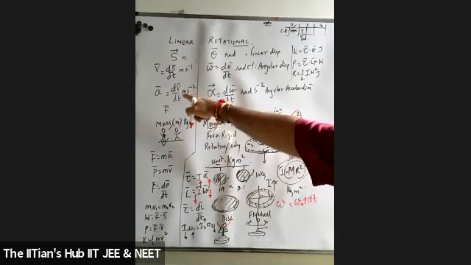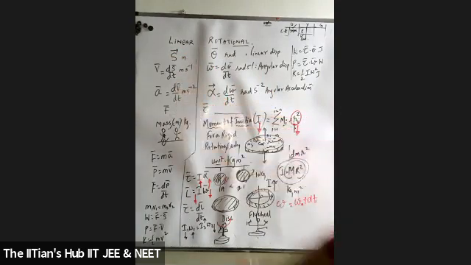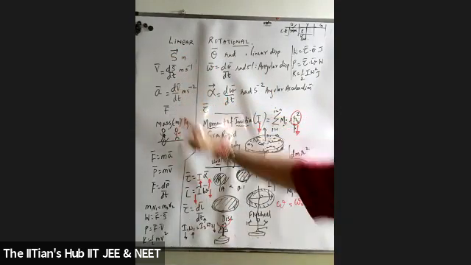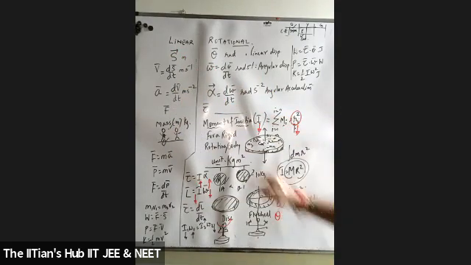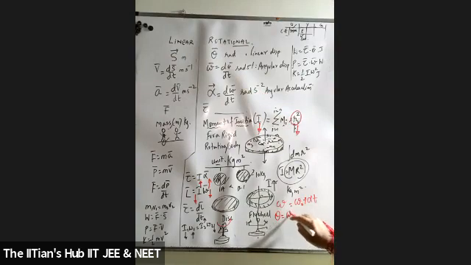Second equation of motion: S is equal to ut plus half at square. Here, what comes in place of S? Theta. What does ut mean? Initial angular velocity into time. Half alpha t square.